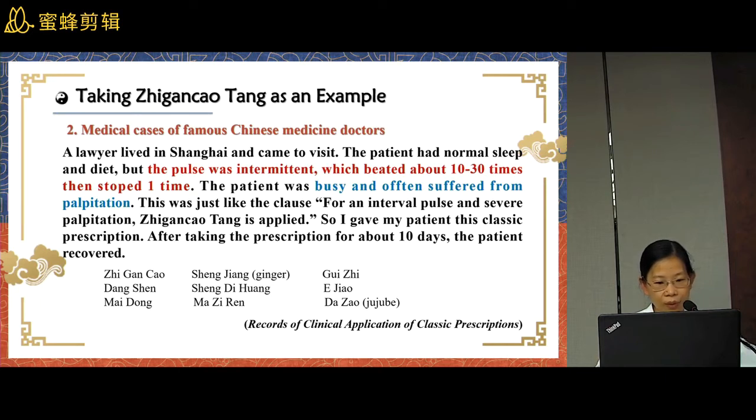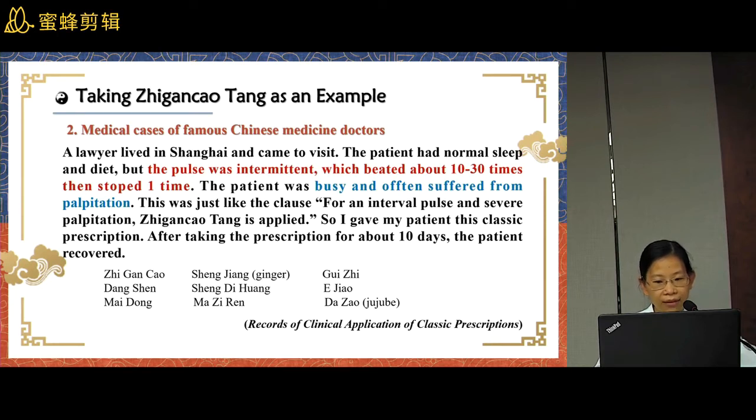Including the ingredients 炙甘草, 生姜, 桂枝, 党参, 生地黄, 阿胶, 麦冬, 麻子仁 and 大枣. About 10 days after taking the prescription, the patient recovered.